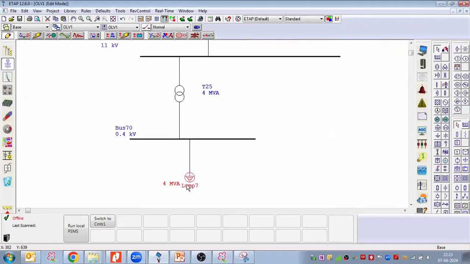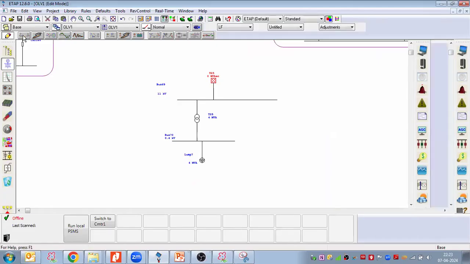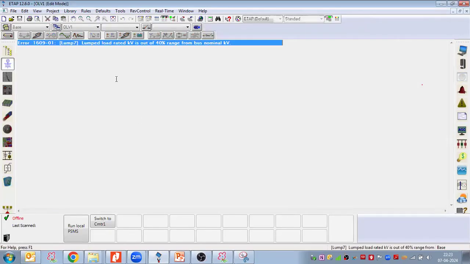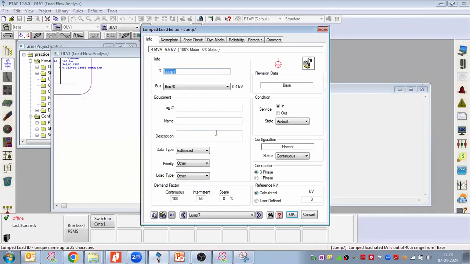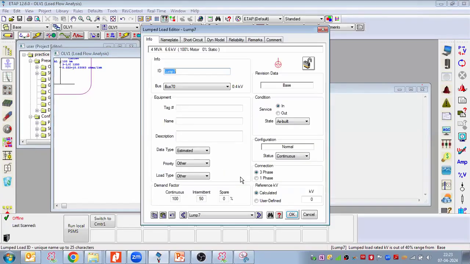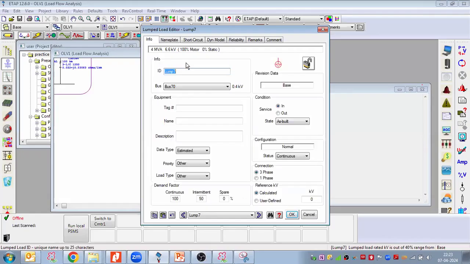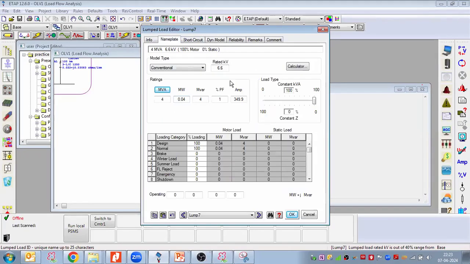For the lump load, I'm putting 4 MVA load. And if we perform the power flow study, the lump load rated kV should be the rating of this 0.4, right?